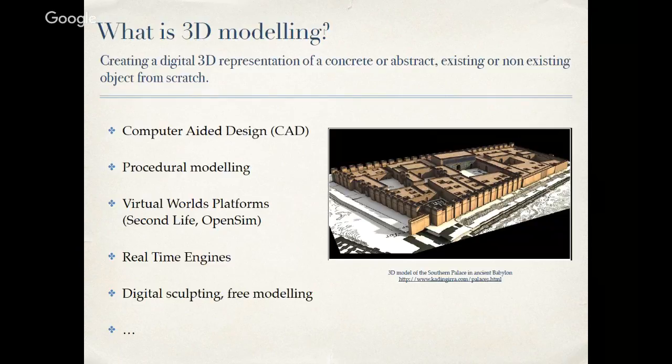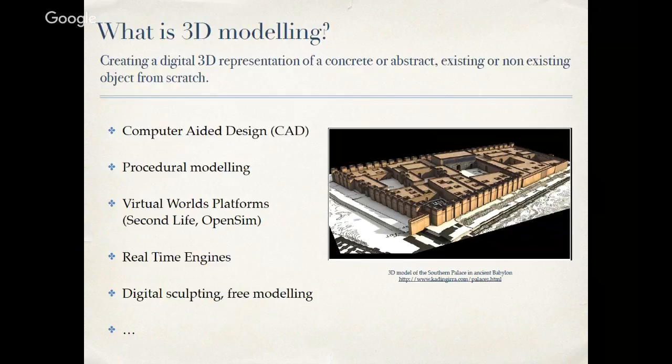We have digital sculpting that kind of simulates the act of shaping the raw matter more than creating geometric shapes. And the last is just three dots, because it's a changing panorama.